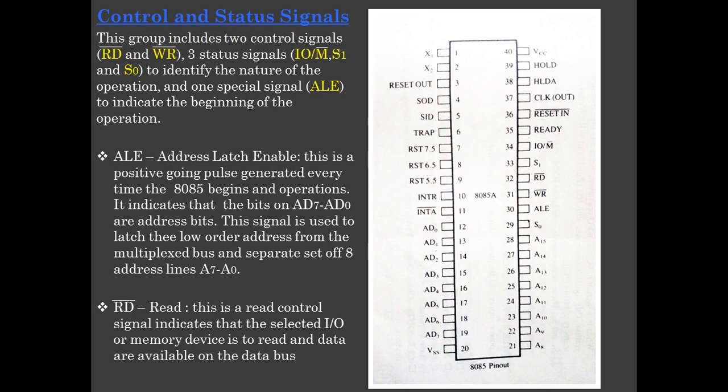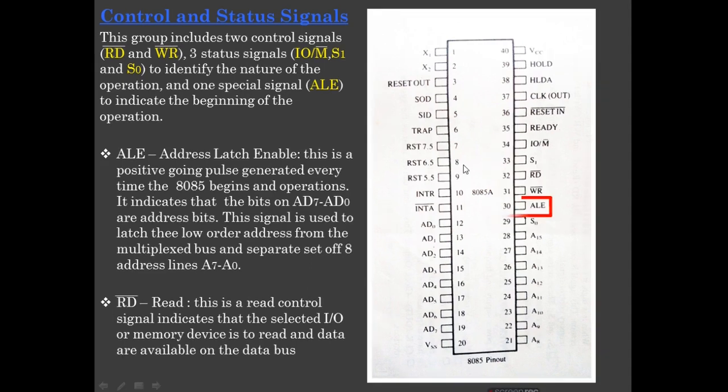Next is the control and status signals. This group includes 2 control signals, read and write, and the 3 status signals IO/M bar, S1 and S0, and 1 special signal known as ALE. ALE is the address latch enable.